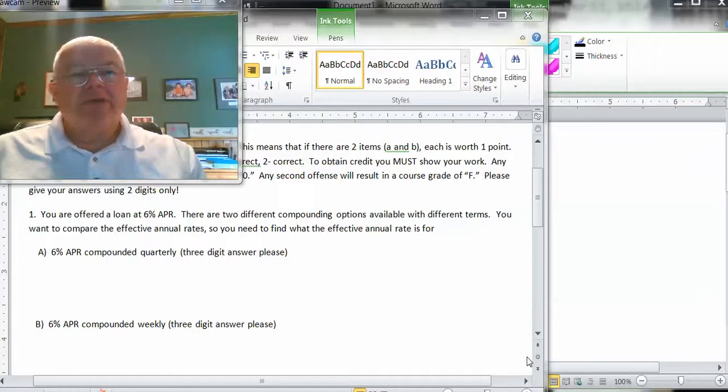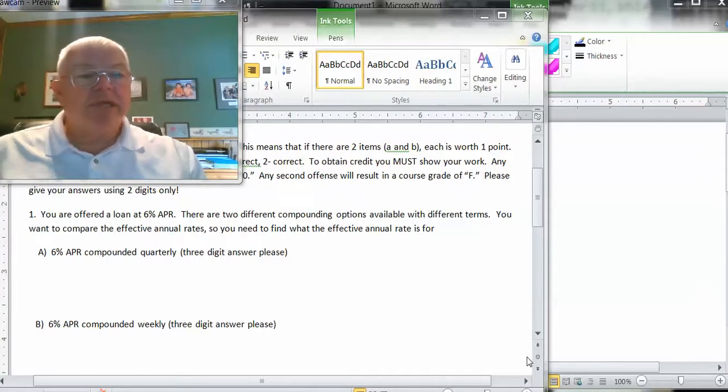Then they also give you the compounding period, and often they will quote you the effective rate. In fact, more and more that's being required because most people don't understand the effect that compounding has on the interest rates. Well, we start out with two basic problems.